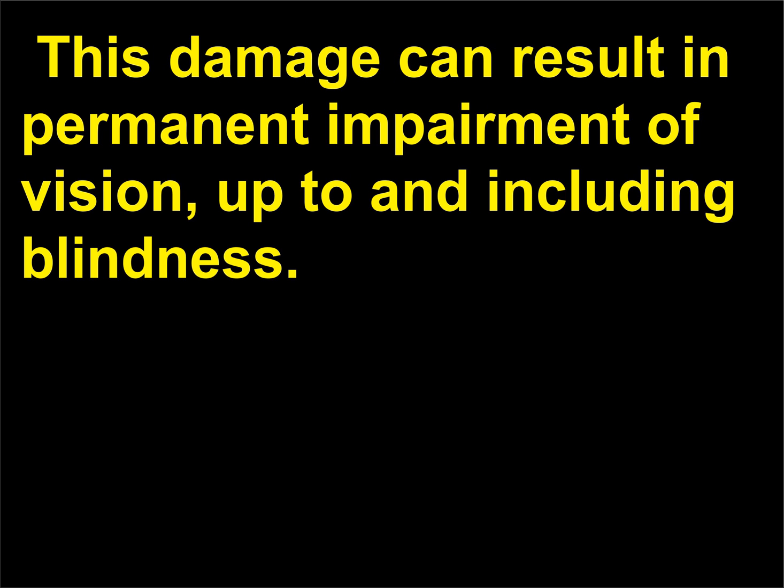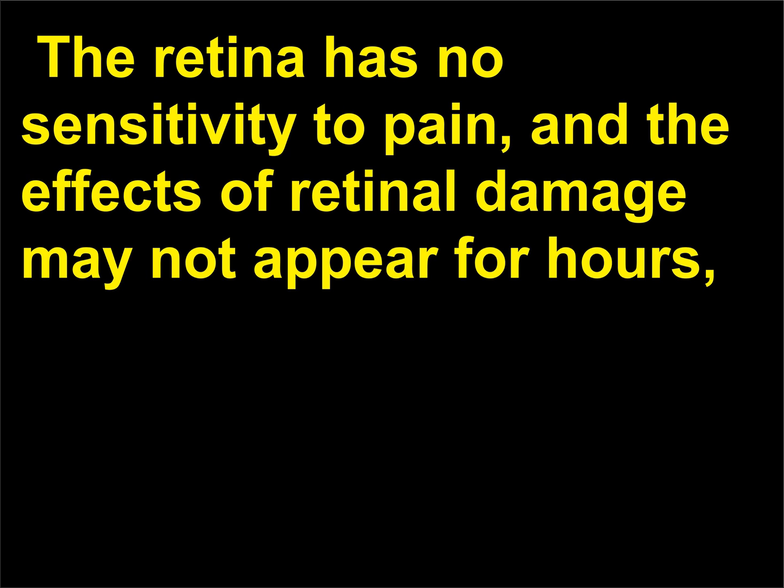This damage can result in permanent impairment of vision, up to and including blindness. The retina has no sensitivity to pain, and the effects of retinal damage may not appear for hours. So there is no warning that injury is occurring.